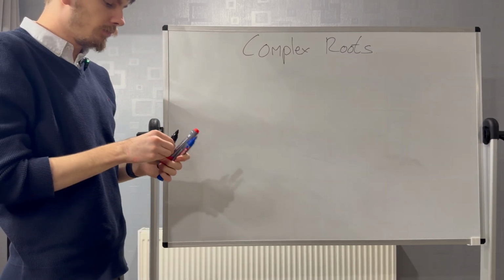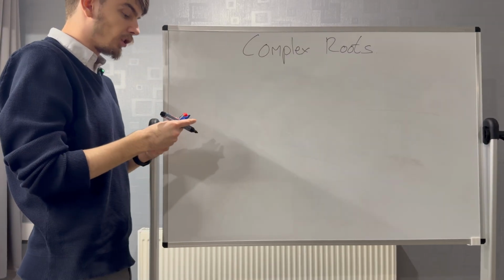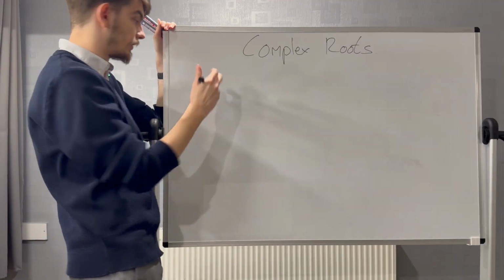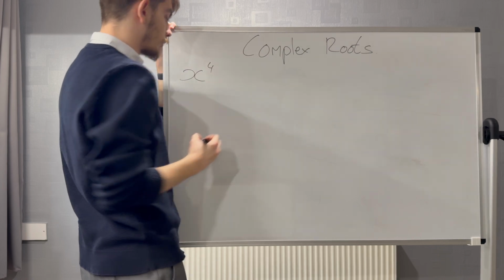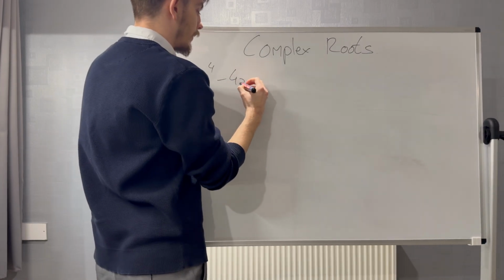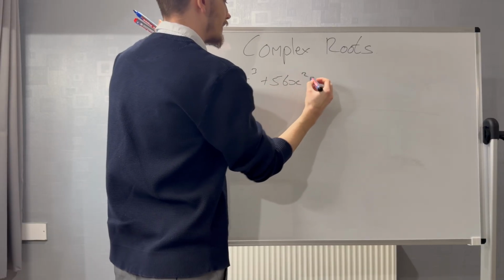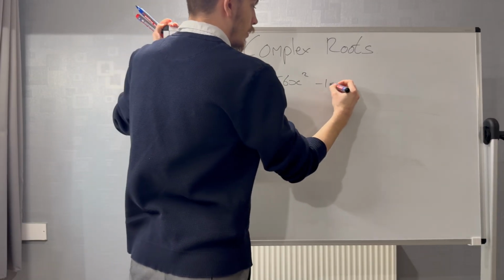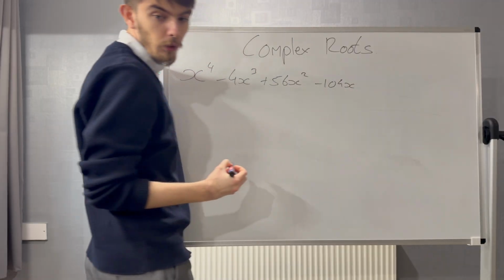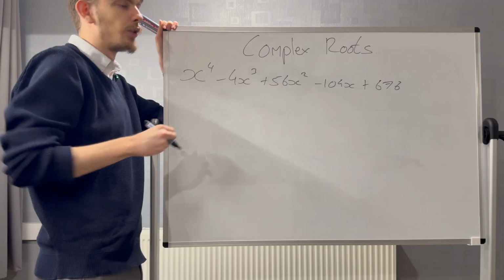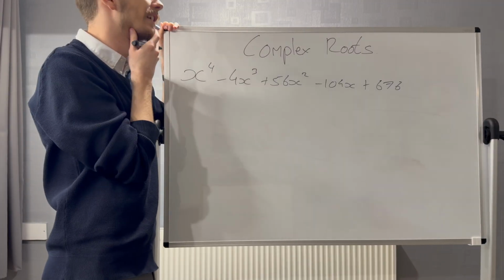Now, quartics are the final option, okay? And because we've used nice simple ones for quadratics and cubics, my quartic equation is going to look horrid, of course. So I've got x to the 4 minus 4x cubed plus 56x squared minus 104x plus 676. Looks horrid. The reason I've done this is because the roots look quite nice.